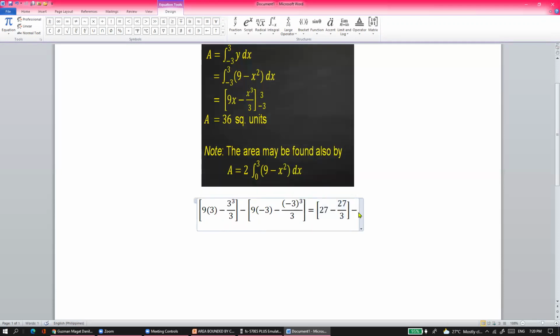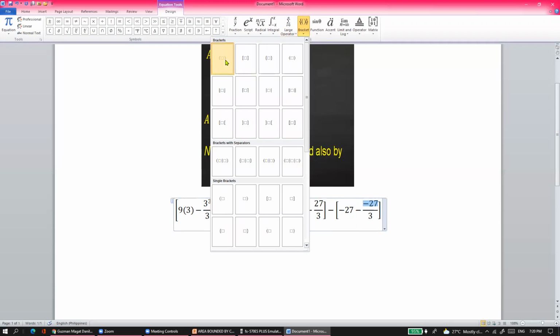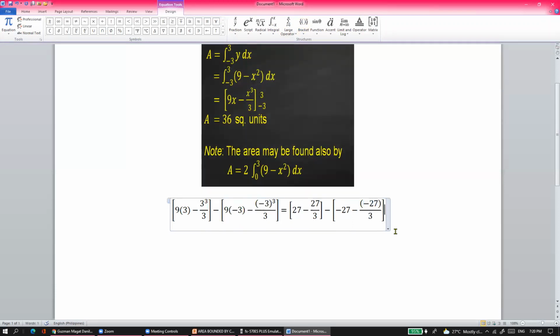Ito siya. So, this will be negative 27, because 9 times negative 3. Then minus, negative 3 raised to the third power is still negative, kasi odd yung exponent natin. So, lagyan ko lang ng saklong ito. Yan. And that's it.